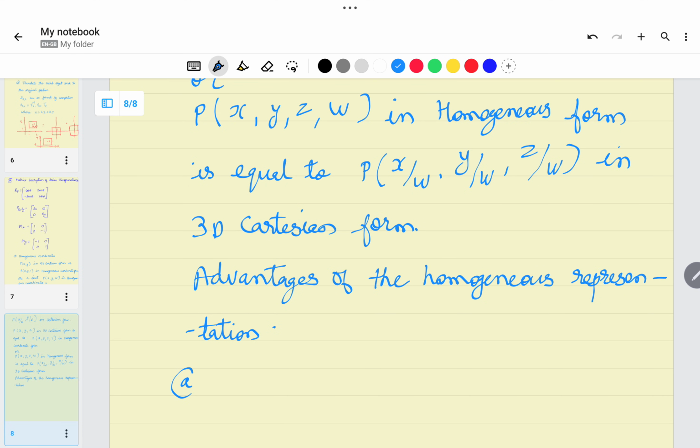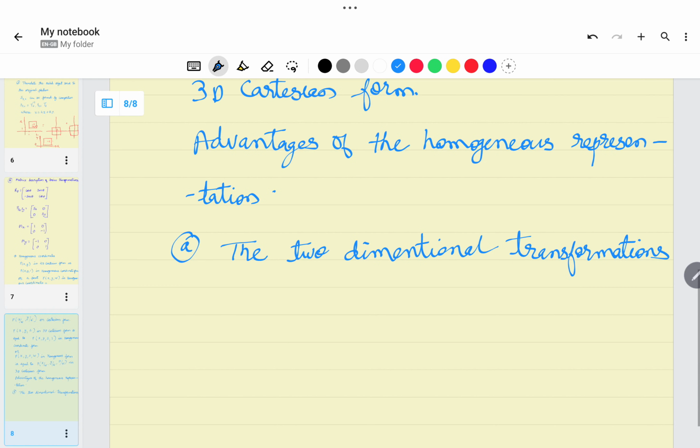Number one, the two-dimensional transformations can be represented as a 3 by 3 matrix.